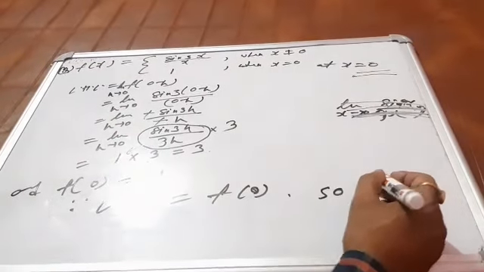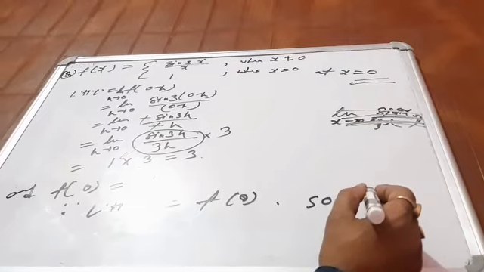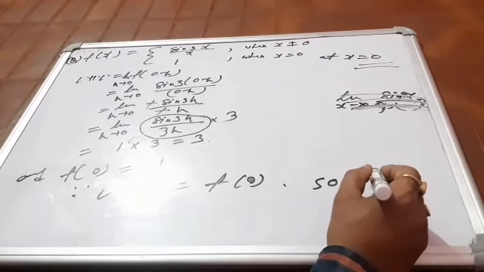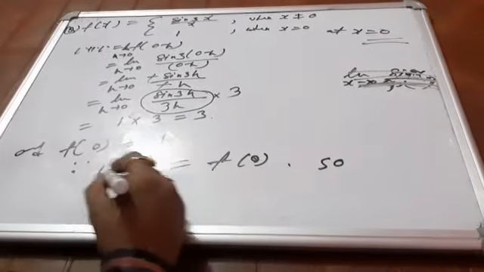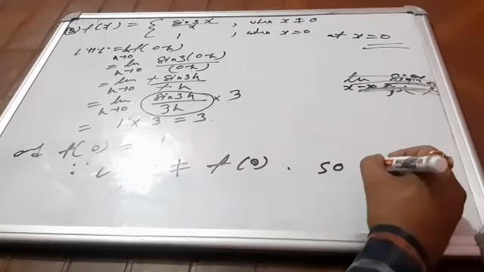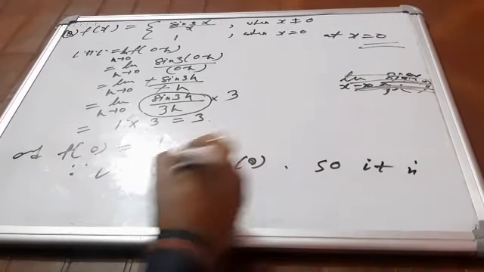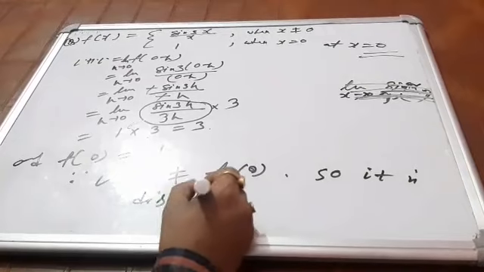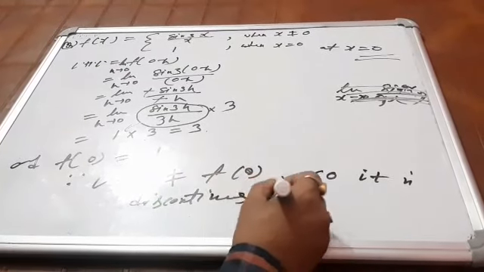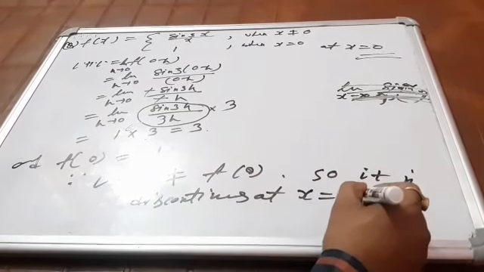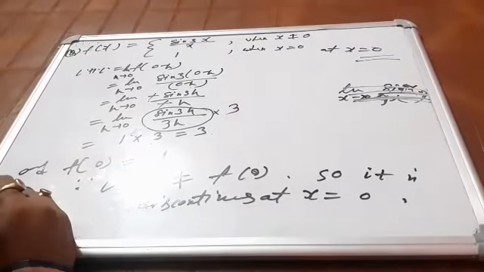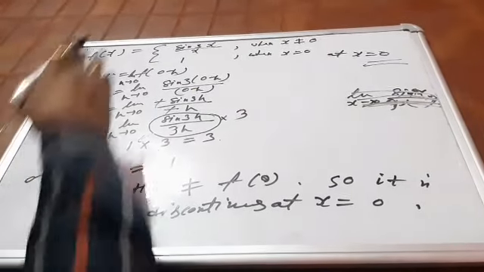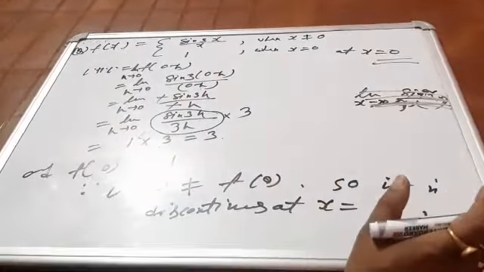If you want, just find it, but save your time. Leave the unnecessary steps. LHL not equal to f(0), so it is discontinuous at x equal to 0. Understood?